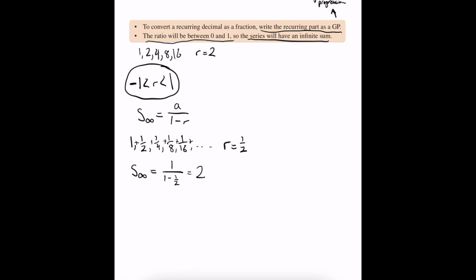When we break it down to a recurring decimal and try to translate how we convert a decimal to a fraction, let's take the example of 0.3 recurring. This is just equal to 0.333 and so on. When we want to break it down into some sort of GP, we write it as the addition of its components, which means we break it down into its digits.